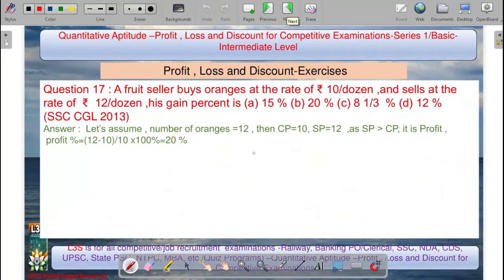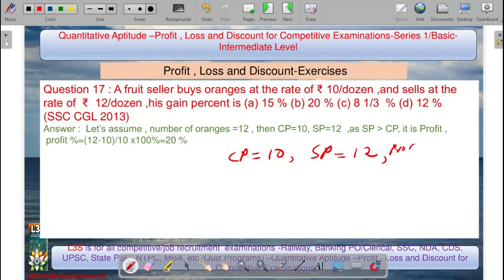Next question. A fruit seller buys oranges at rupees 10 per dozen and sells at the rate of rupees 12 per dozen. His gain percentage is? It's a simple one. Say the number of oranges is 12. Then CP will be 10 and SP is equal to 12. So SP is more than CP, so it is a profit.